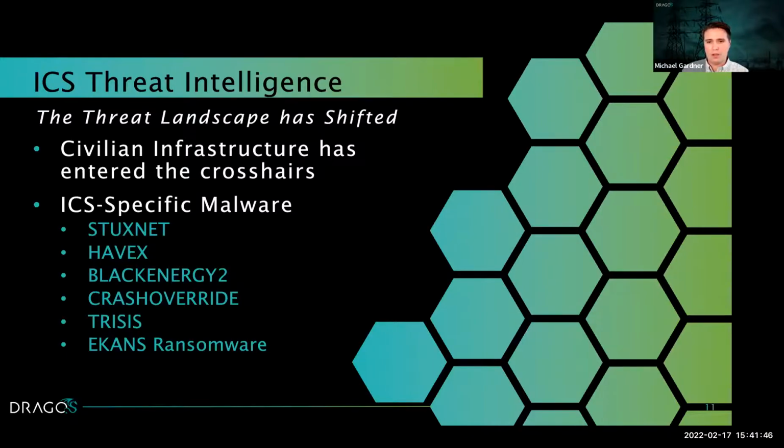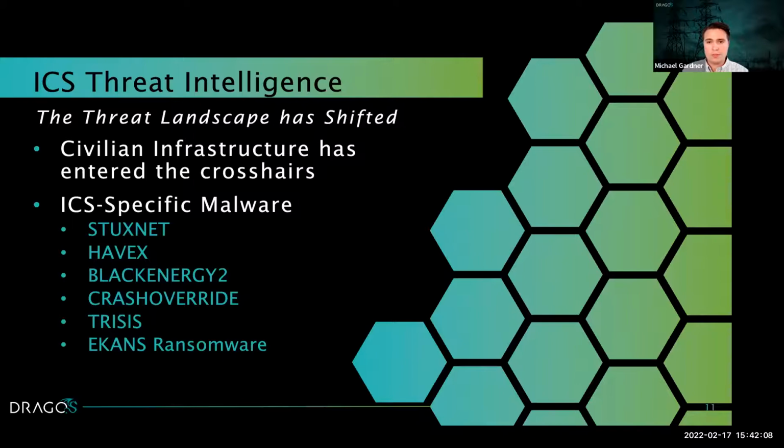Most of us have probably heard of at least one or two of these events, but we know that adversaries even develop ICS-specific tool sets to actually cause a kinetic impact to critical infrastructure. We had the BlackEnergy and CrashOverride events in Ukraine in the second half of the last decade, where we actually saw power distribution shut off to civilian populations in the dead of winter.